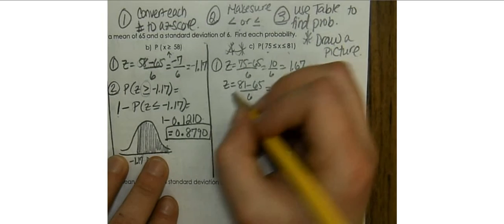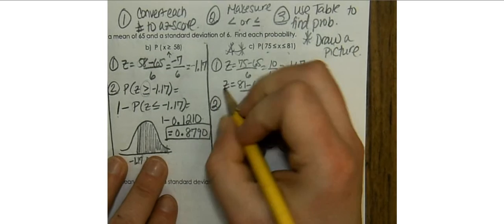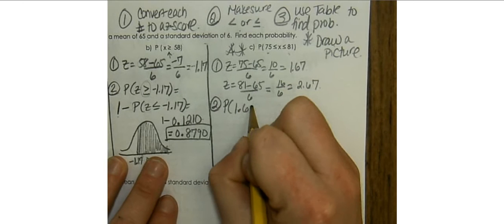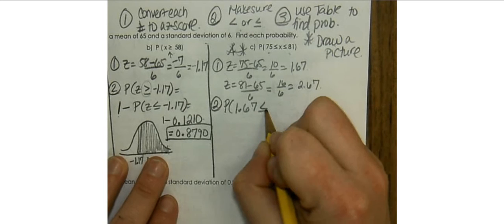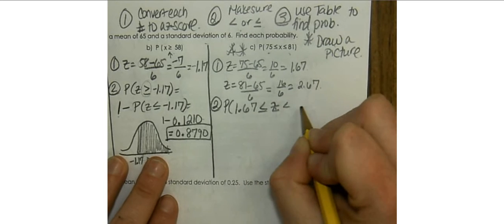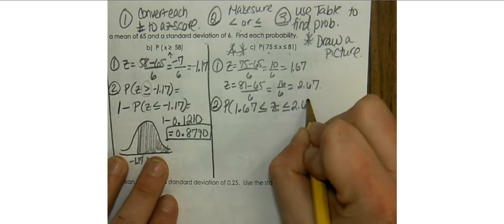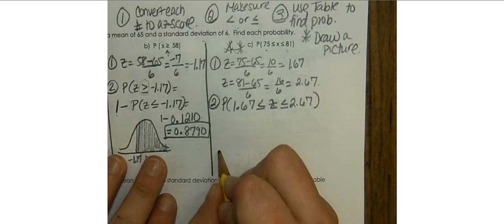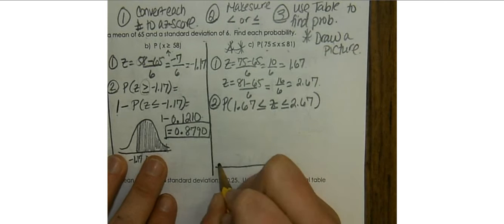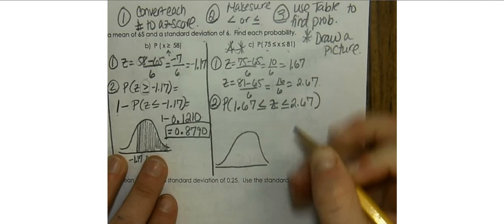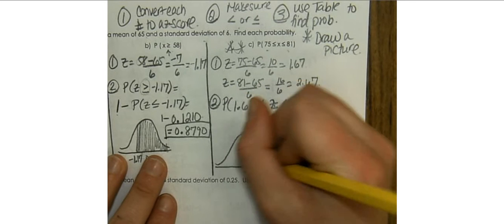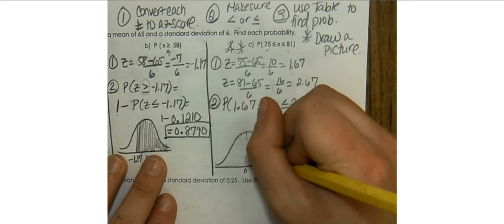So now rewriting this in terms of z's, I want to find the probability that my z-score is in between 1.67 and 2.67. So what does that look like on a table or on a graph? Well, on a graph, here's where 0 is located, here's where about 1 is, here's where about 2 is, and here's where about 3 is.